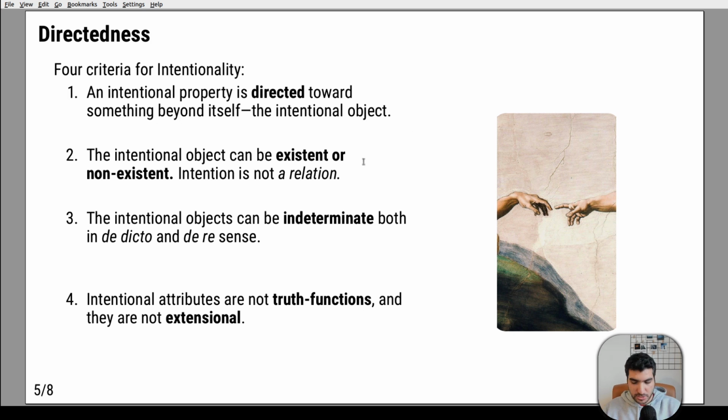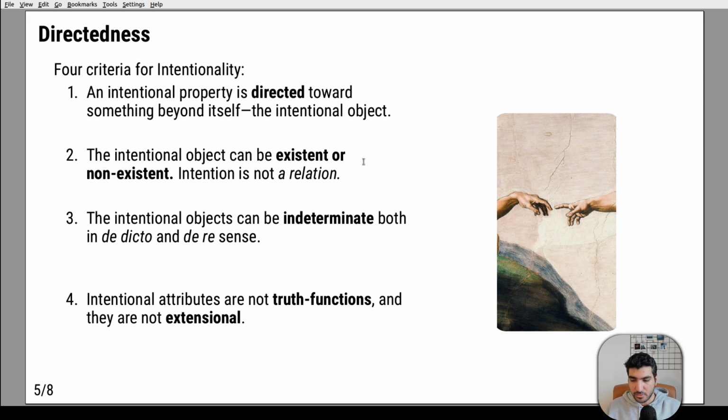The third option, the third property, is that the intentional object can be indeterminate in the dicto and the re sense. What do we mean by that? Let's suppose that you're focused on receiving a phone call. And then you say that, yeah, you're focused to receive a phone call very soon. You tell me that.